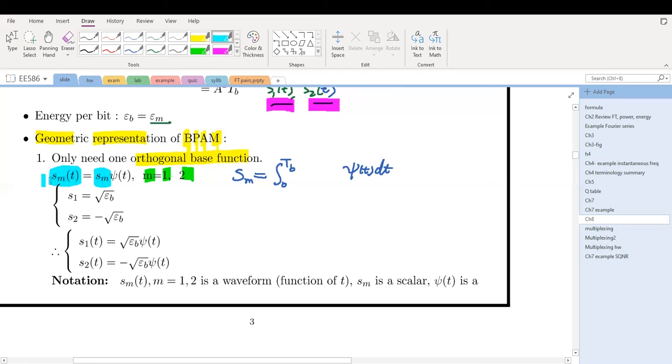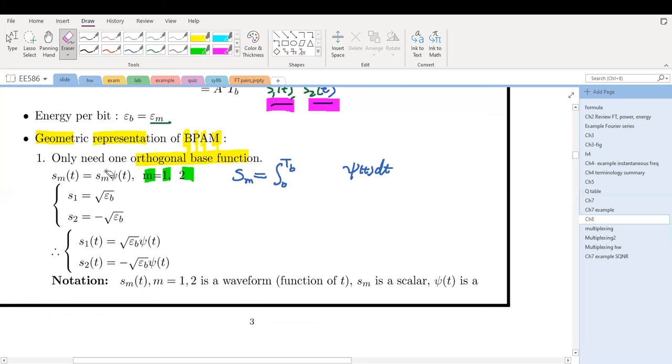When we look at these two notations, we have to check if there is a time t following s_m or not. If followed by time t, that's a waveform. If just s_m, that's a scalar. I know the notation here is very confusing. I use the same notation as our textbook, but I want to point out where the confusion is.